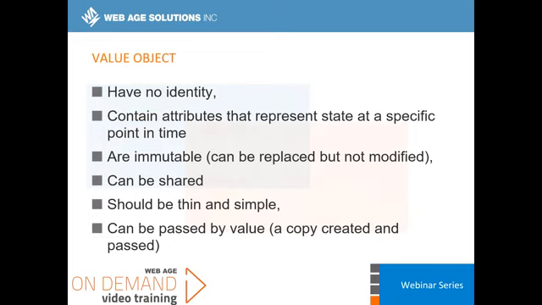If I go to the movies, I get a movie ticket, and the ticket tells me what movie I can go see, and perhaps the specific date and time that I can go into that particular movie. If two of us go to the movies and we each get a ticket, and then we exchange tickets, there is no difference. If we get our tickets mixed up, there's no difference, and I don't care if you have mine and I have yours, because they both have the same value. They both have the same attributes.